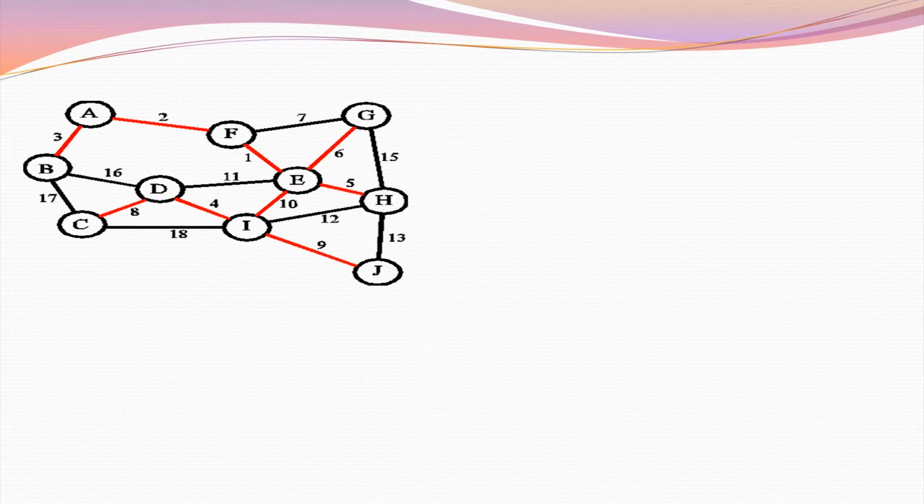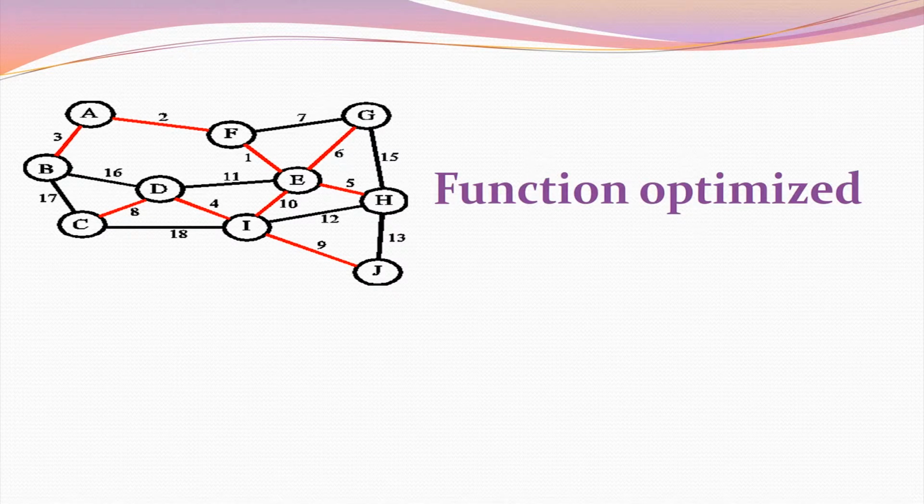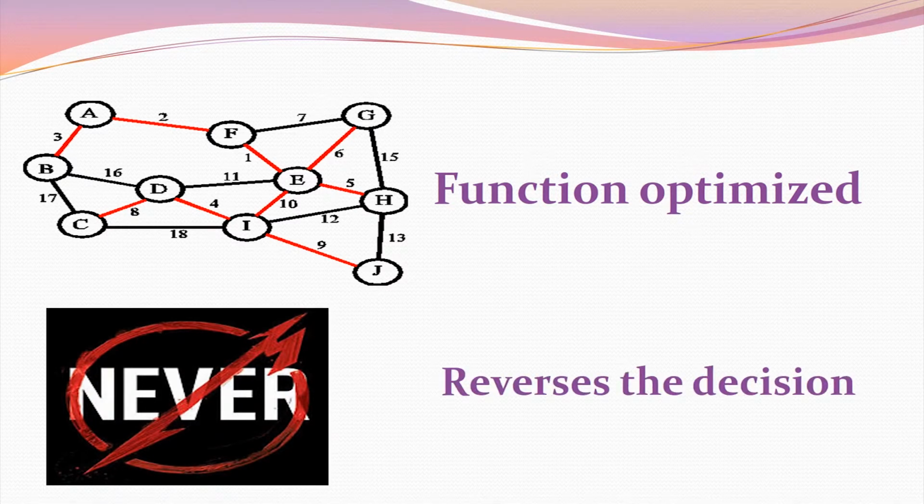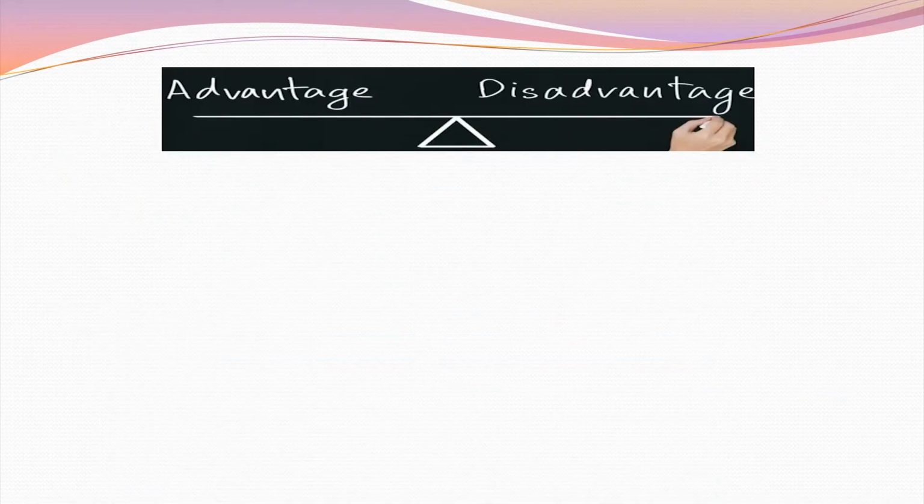A greedy algorithm makes greedy choices at each step to ensure that the objective function is optimized. The greedy algorithm has only one shot to compute the optimal solution, so that it never goes back and reverses the decision. Let's now look at some advantages and disadvantages of the greedy algorithm.